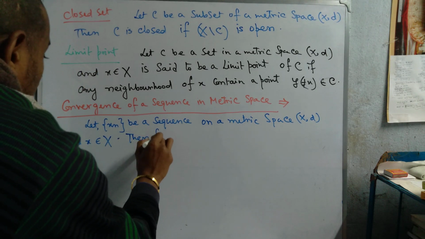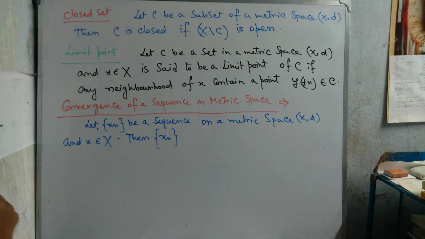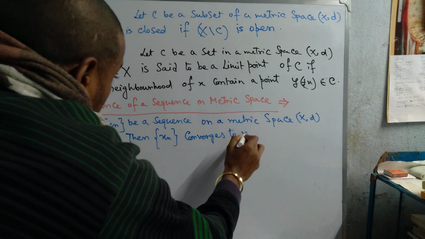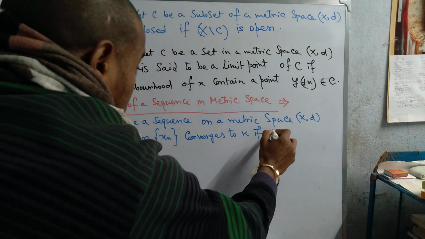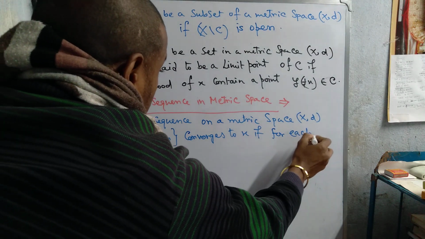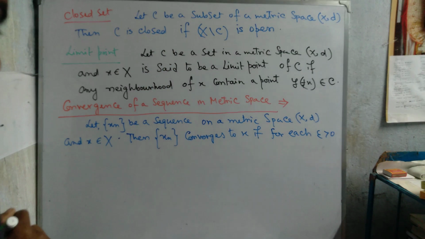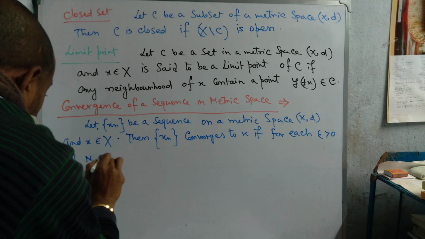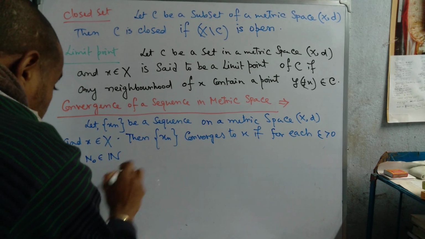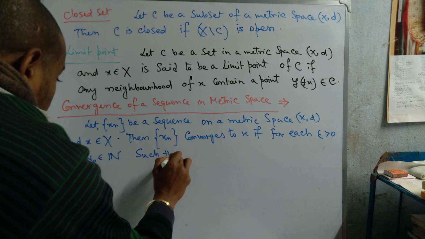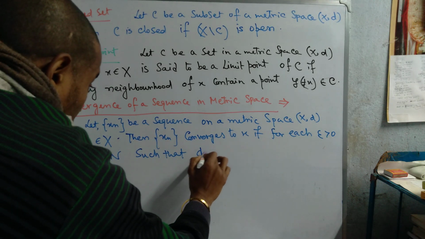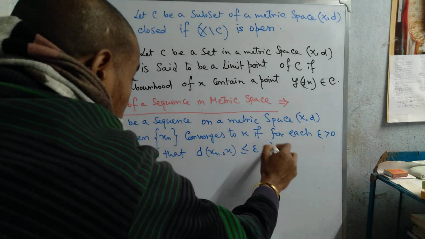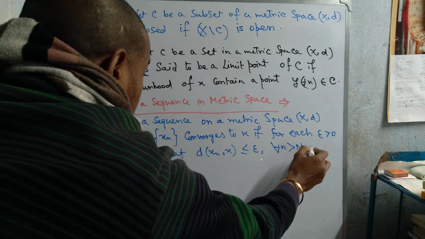Then xn converges to x if for each epsilon greater than 0, there exists n0 belonging to the natural numbers such that d of xn and x is less than or equal to epsilon for all n greater than n0.